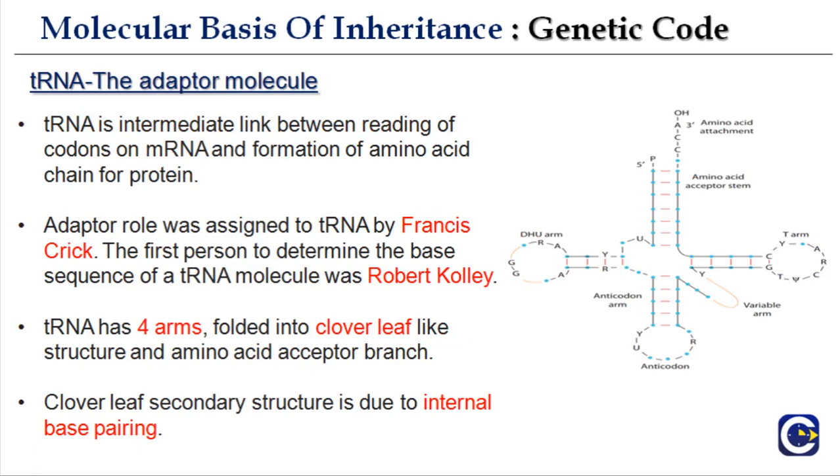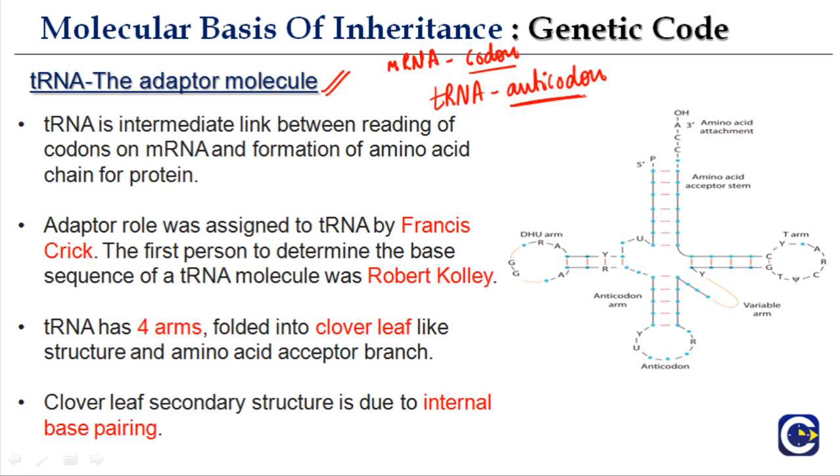Okay, so now we will talk about the tRNA or the transfer RNA, which is also called the adapter molecule. On mRNA we have the codon. To read the codon and translate it into a protein, we have the tRNA that has the anticodon.